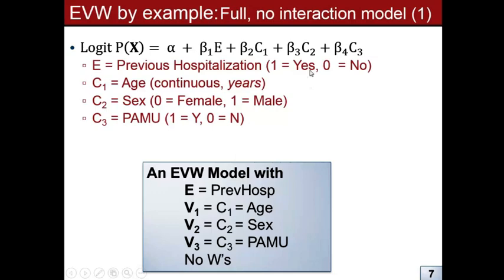There's no product with the exposure. They're not interaction terms. And so we're saying we're controlling for them because we think they are playing a confounding role of the exposure-disease relationship. That's why they're in the model. But they're not W's. They're not W's because they're not involved in interaction terms with the exposure.